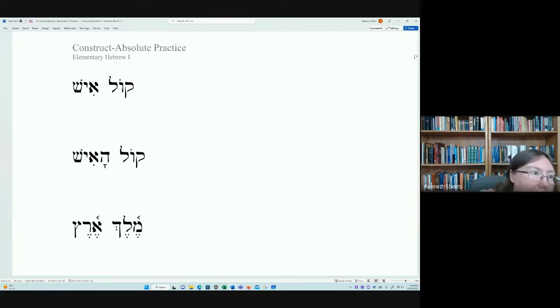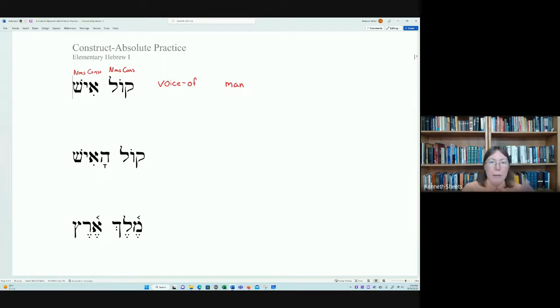So this word here, kol, is going to be a noun, masculine singular, and it is construct. Ish, on the other hand, is a noun, masculine singular, and it as well is absolute. Kol means voice or sound, so I'm going to translate it as voice. Because it's in the construct, I'm going to add the "of": voice of ish, man.